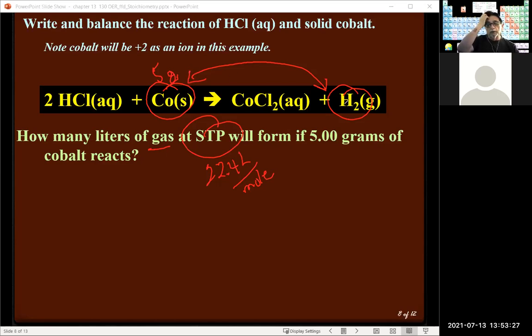All right. Well, cobalt is in grams, so we need to convert that to moles. So we need the atomic mass of cobalt. All right, so we're given 5.5 grams of cobalt. Find its atomic mass, its atomic weight, which is 58.93 grams, okay?